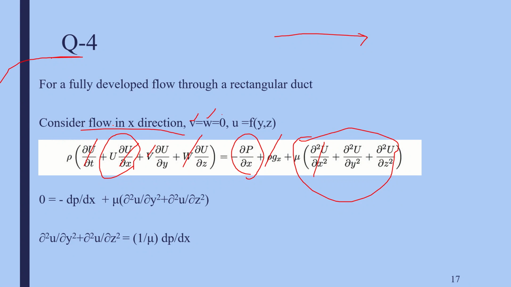So 0 = -∂p/∂x + μ(∂²u/∂y² + ∂²u/∂z²) is remaining.